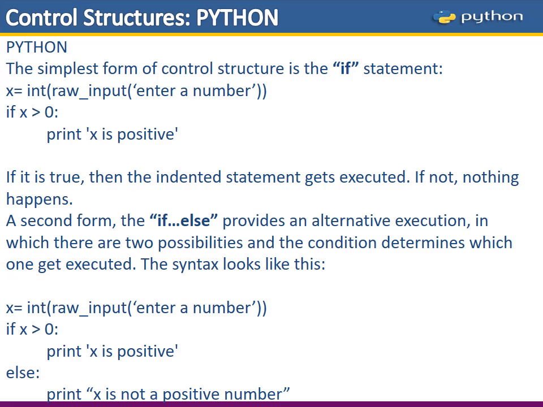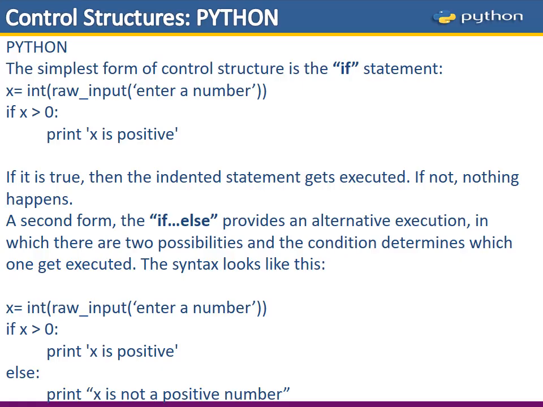We have a variable s equal to int, raw input, enter a number. So you enter a number and convert it to an integer.